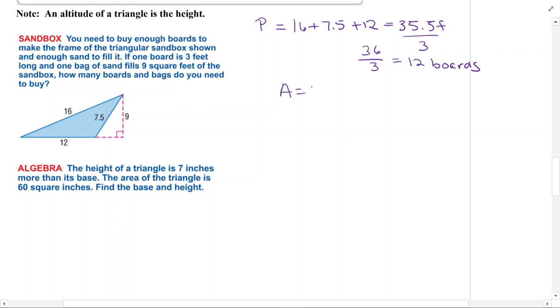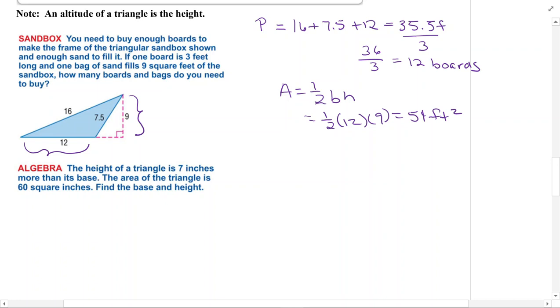The area is 1/2 base times height. The height I'm going to use here is 9. The base that I'll use here is 12. So area equals 1/2 times 12 times 9, which is 54 feet squared.